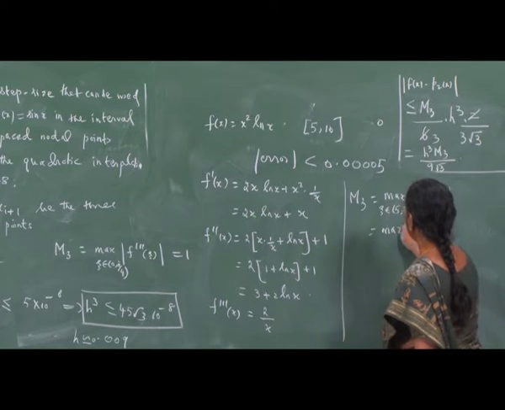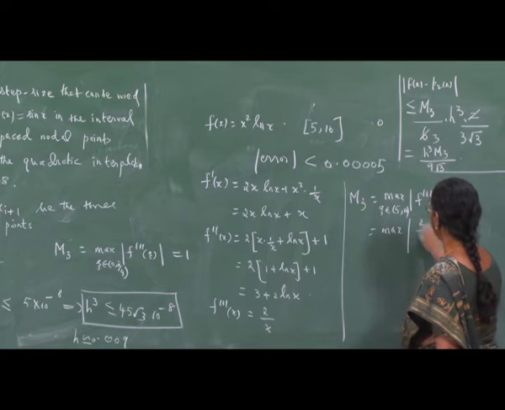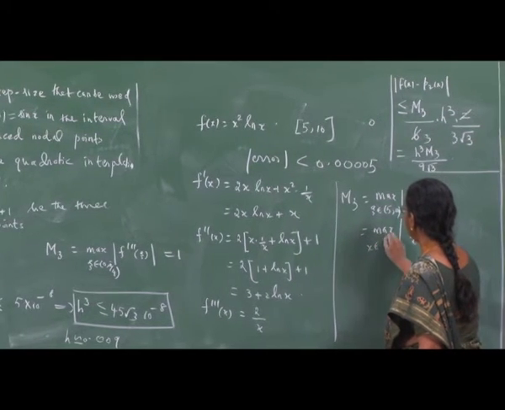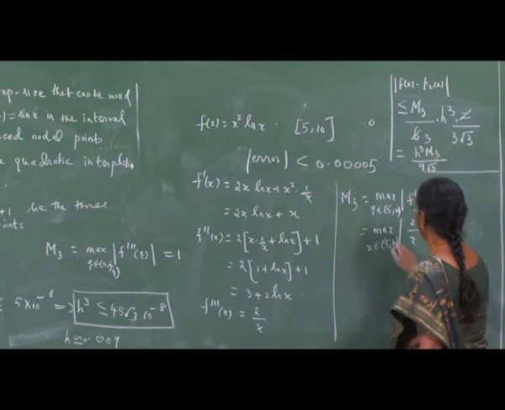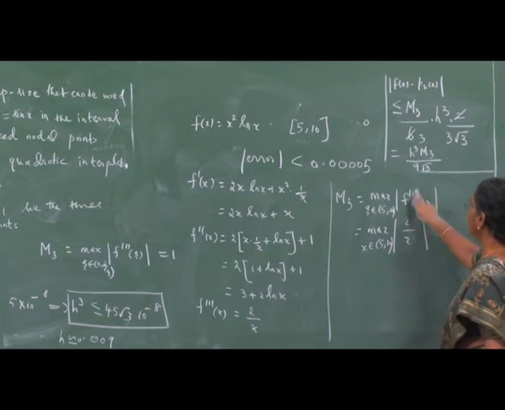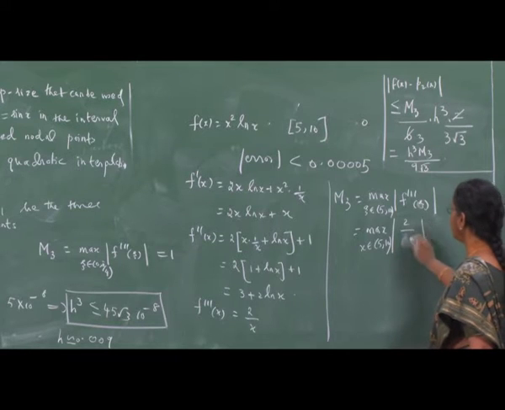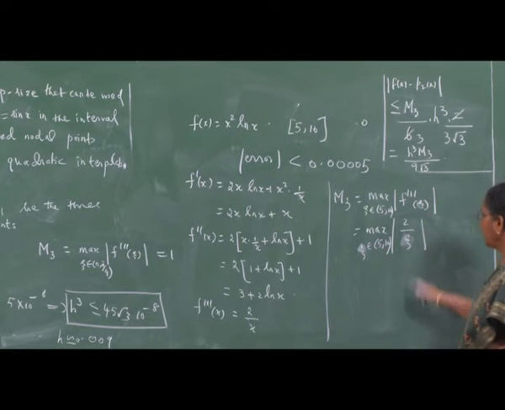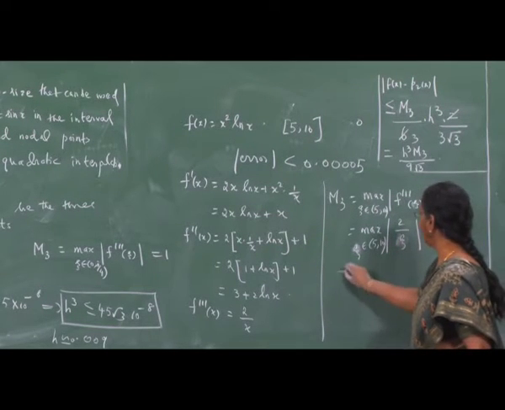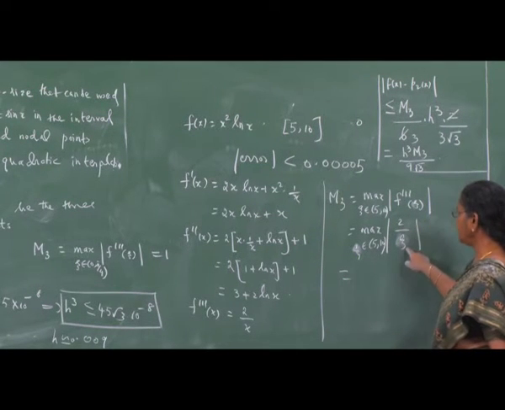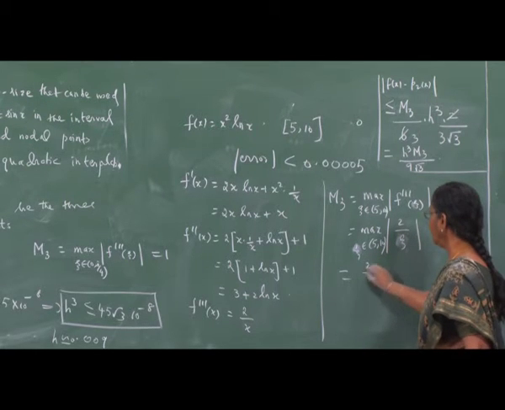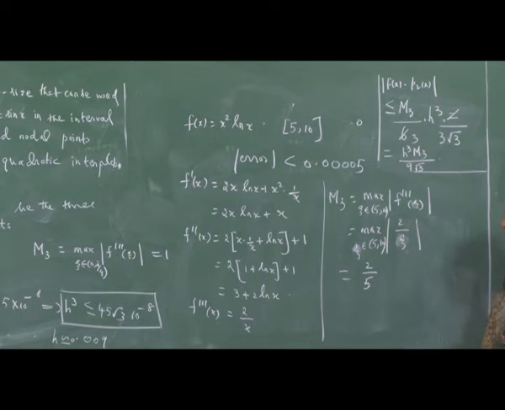So we require the maximum of modulus of 2 by x for x lying in the interval 5 to 10. Since f triple dashed at psi, I can write this as 2 by psi. So what is the maximum? Where is it attained? The maximum is attained at the lower limit. So it is 2 by 5.